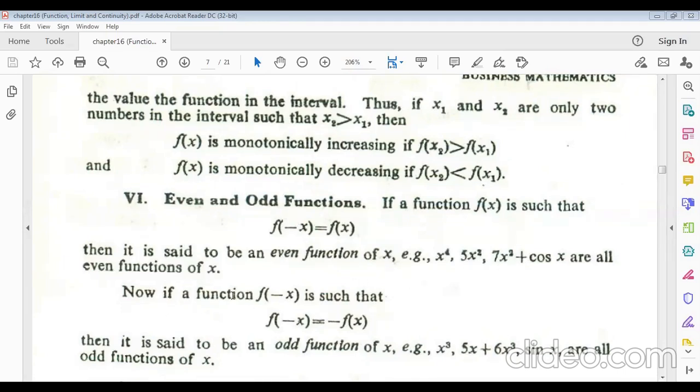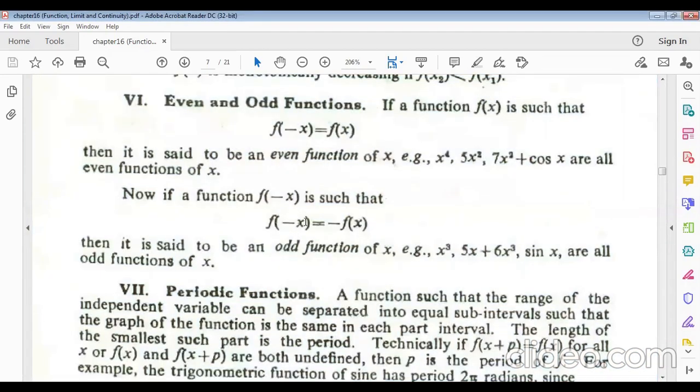Now if a function is such that f of minus x equals minus f of x, that means f of minus x equals minus f of x, then this type of function is said to be an odd function of x. For example, x cube, 5x plus 6x cube, sin x, etc. are all odd functions. Now we can show an example of an odd function for you.